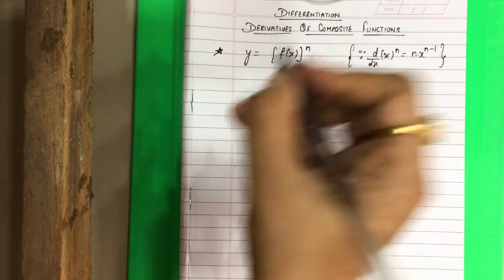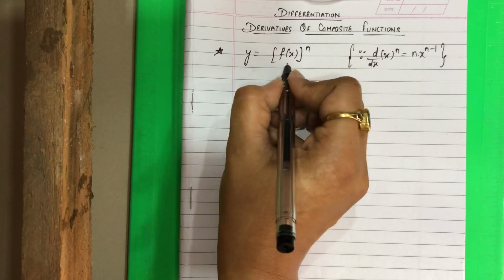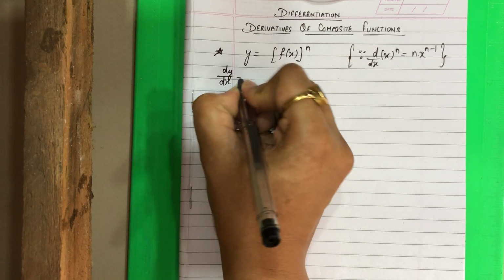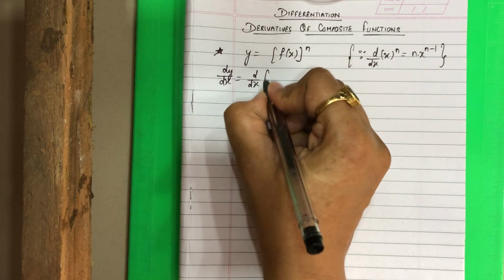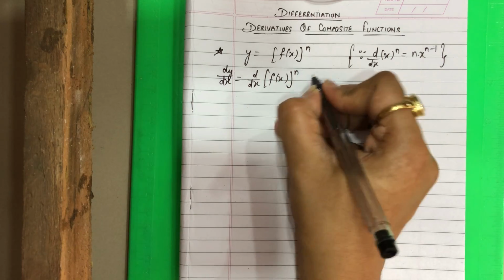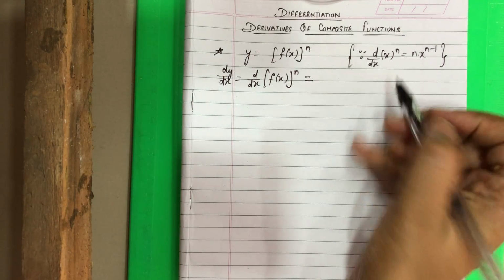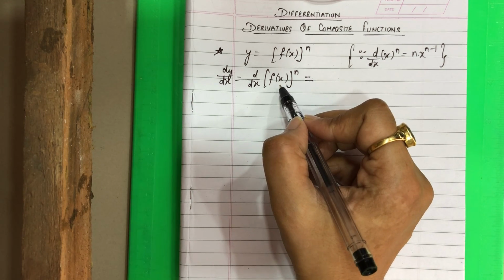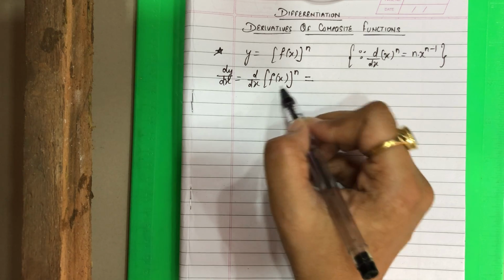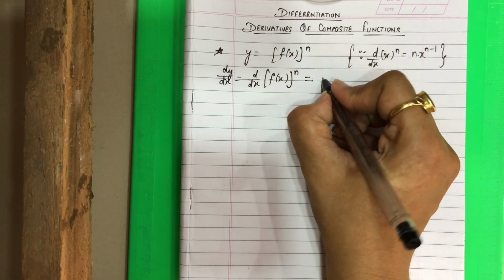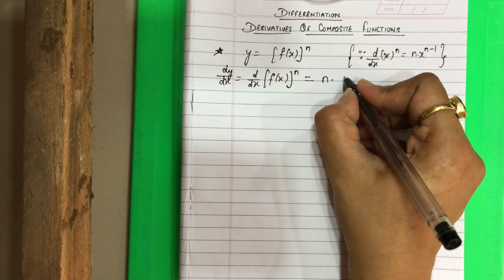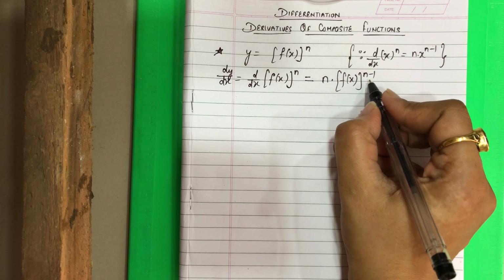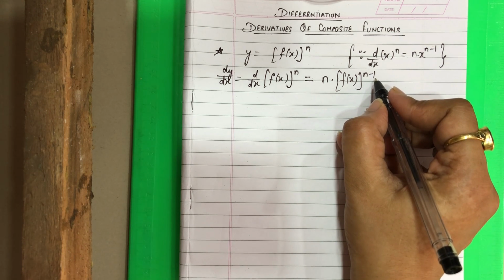So in order to find out the derivative of this composite function, differentiate with respect to x, that is d by dx of f(x) raised to the power n. That gives you, in place of n we are having n only, but in place of x we are having f(x) because this is a composite function. So substitute in the formula, in place of x we are substituting f(x). So this will become n into f(x) raised to the power n minus 1.